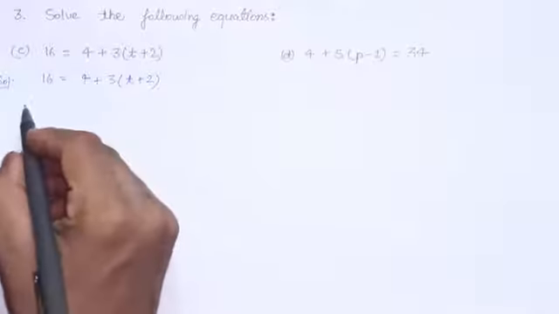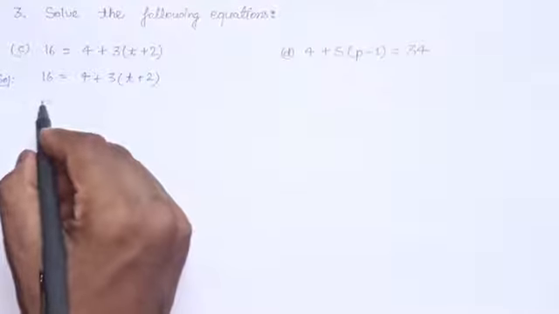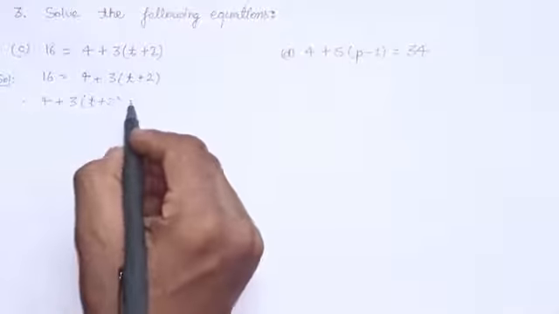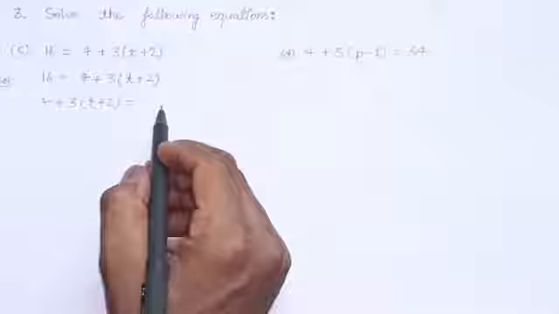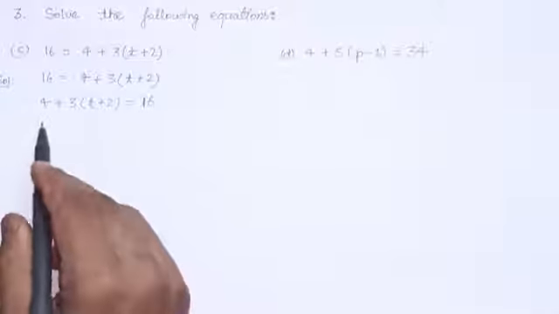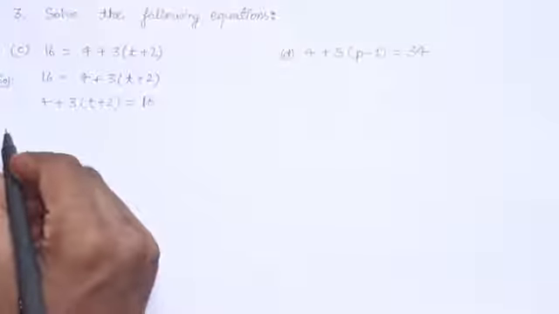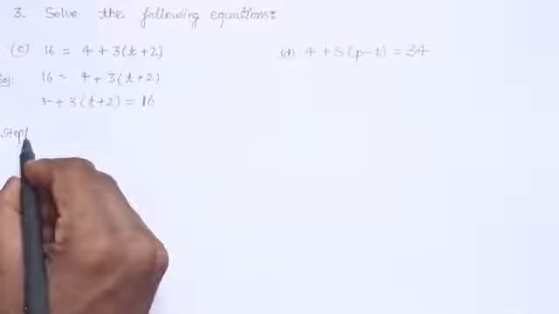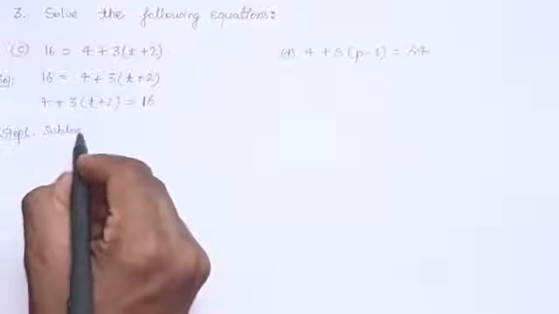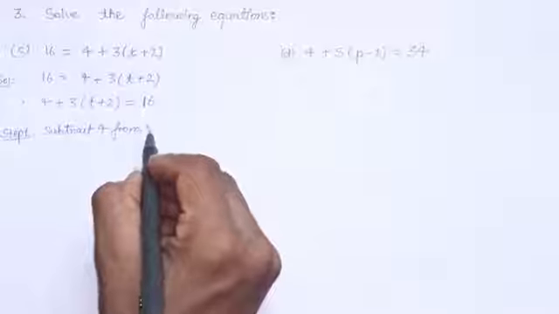So when we interchange, what we get, we can write the RHS on the left hand side, that is 4 plus 3 times (t plus 2), and on the right hand side we have the LHS, that is 16. Now we will try to separate the variable t from this equation. So what is our step 1 in order to separate the variable t? In step 1, subtract 4 from both sides.